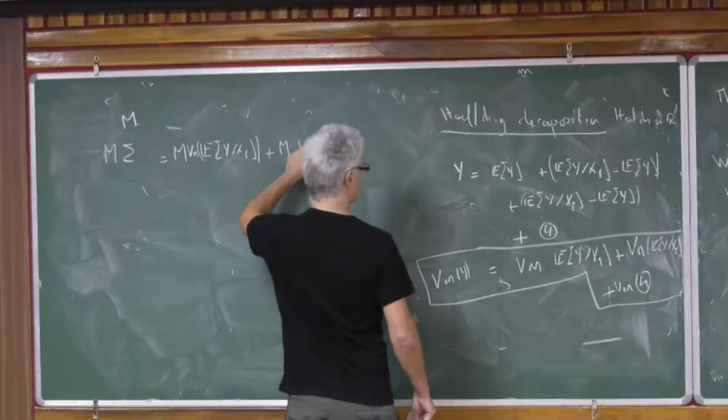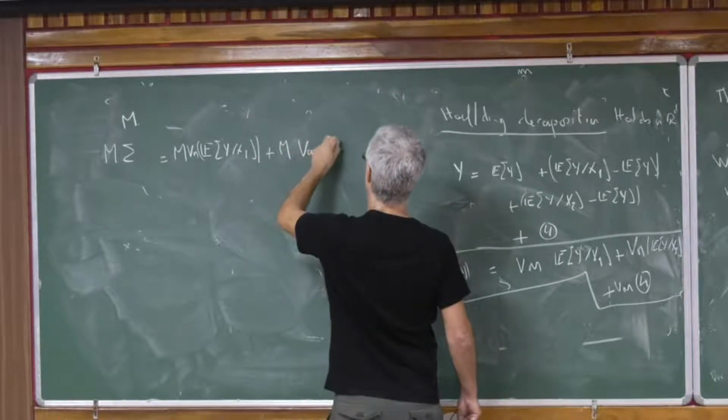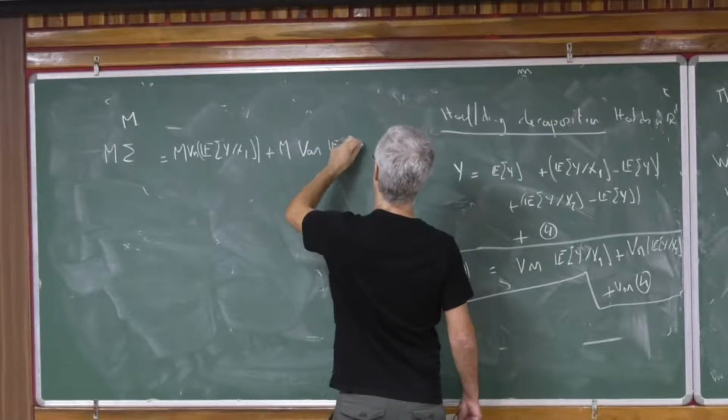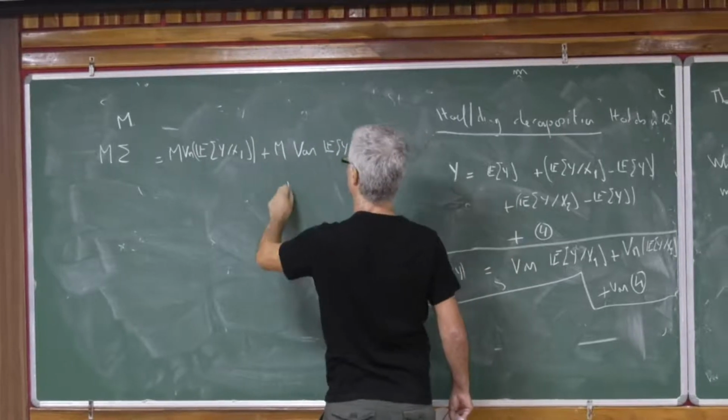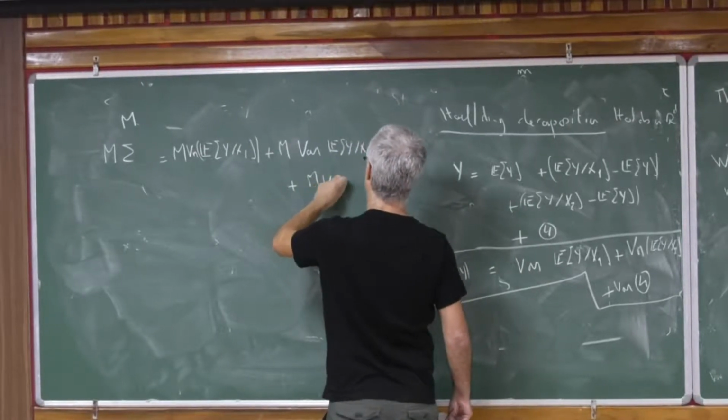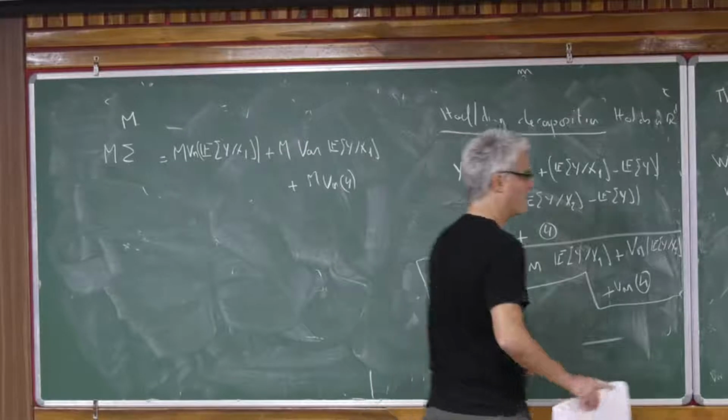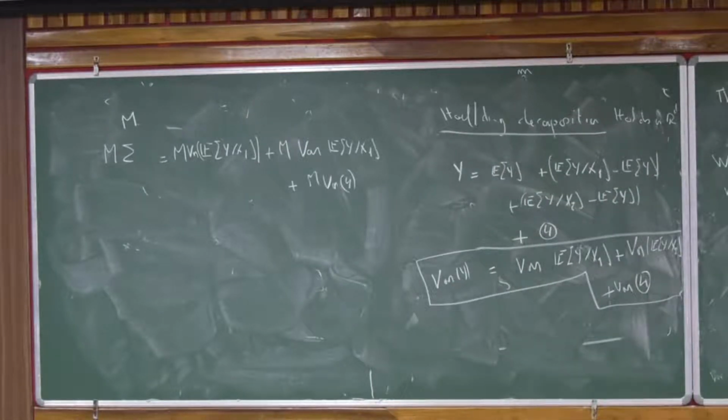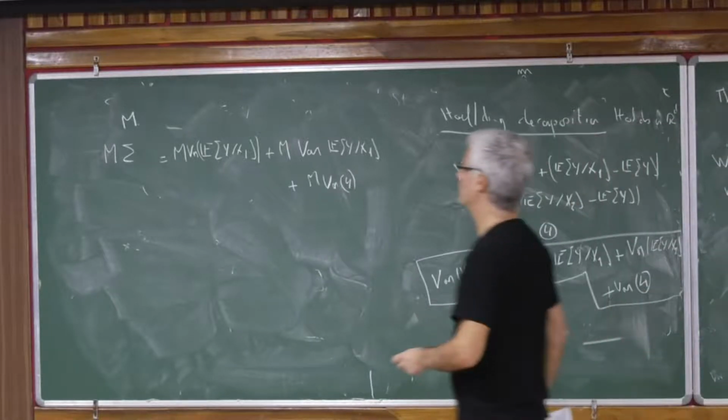So this is a matrix. Okay, I multiply by M, and then I can, for example, project this into R by taking the trace of this matrix.